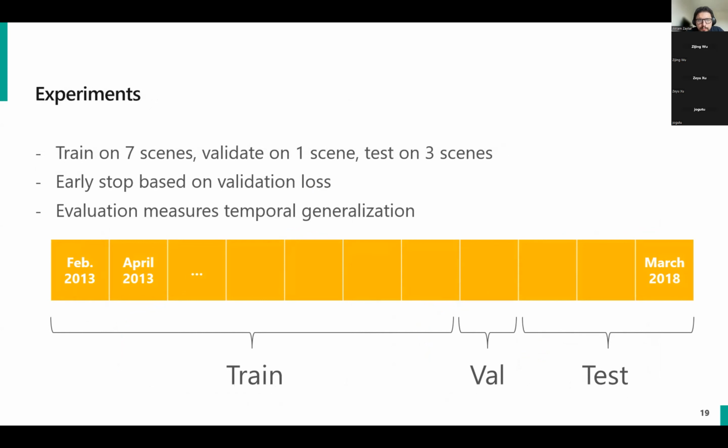So for experiments, we train on 7 scenes, validate on 1 scene, and test on 3 scenes in a temporal manner.